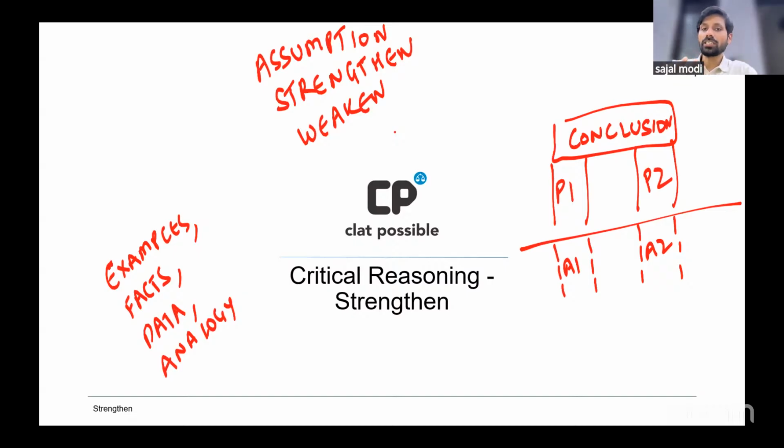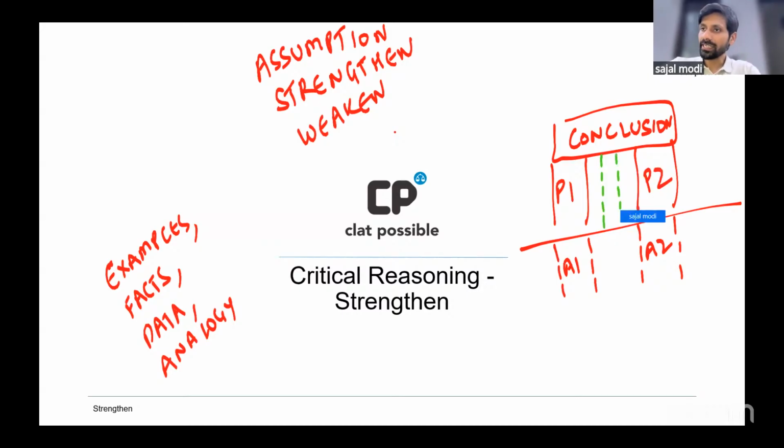And when you are asked to strengthen the argument, right? So they are essentially asking you what additional support or which statement, which option provides that additional support to the conclusion, right? So what essentially we are looking for is something new, some new information.